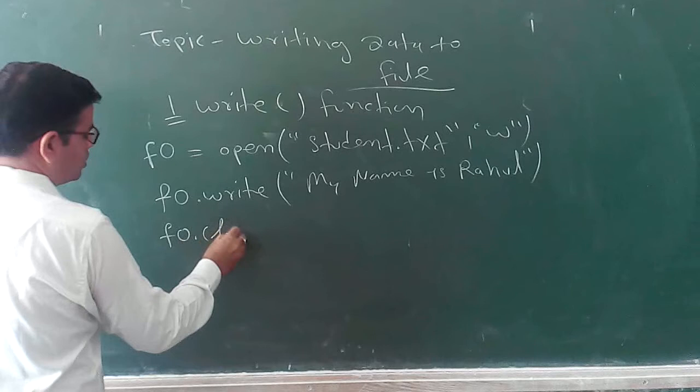Why is 16 displayed on the output screen? The rule of the write function is that when you want to see its output, the total number of characters written to your newly created file will be shown on the output screen.